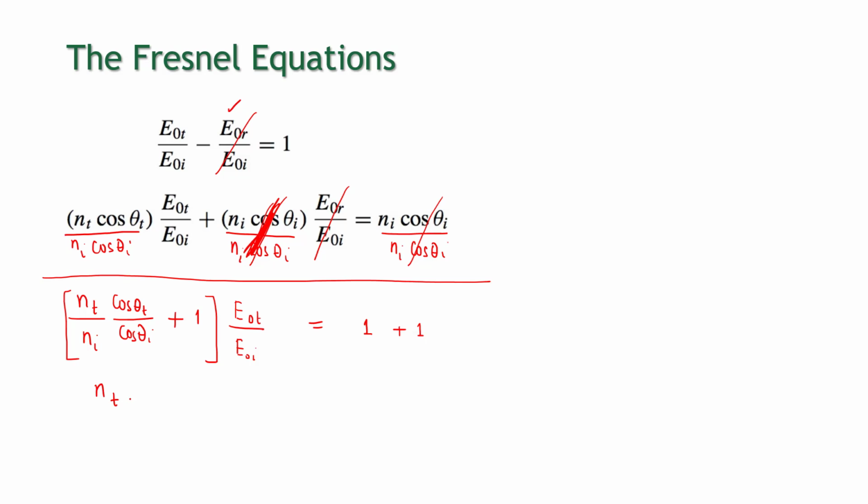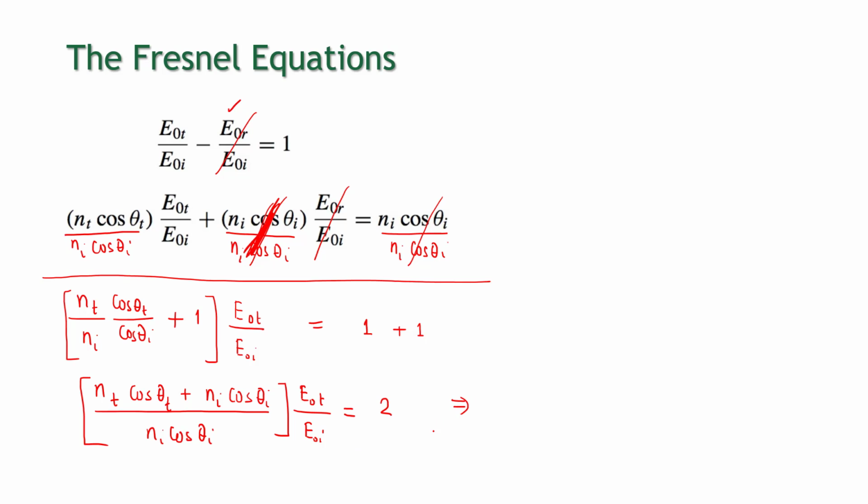So nt cosine theta t plus ni cosine theta I over ni cosine theta I. So EOT over EOI is equal to 2, right?